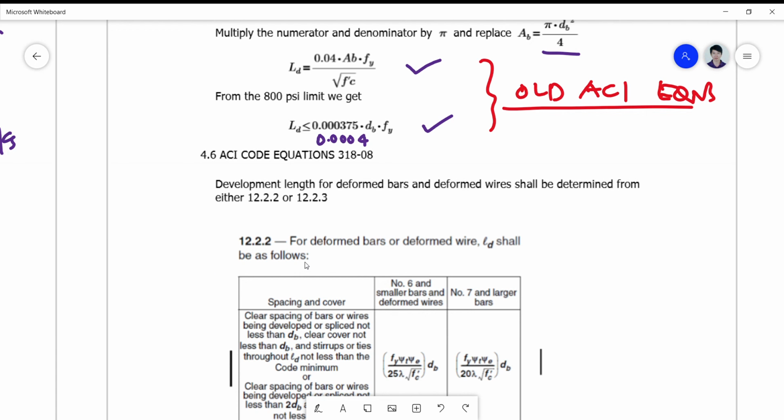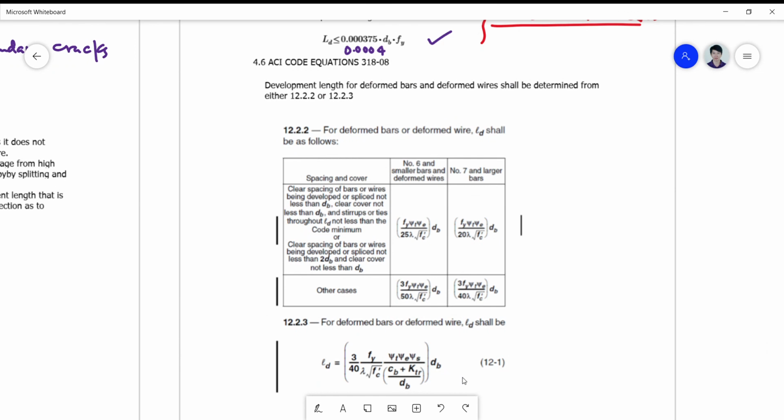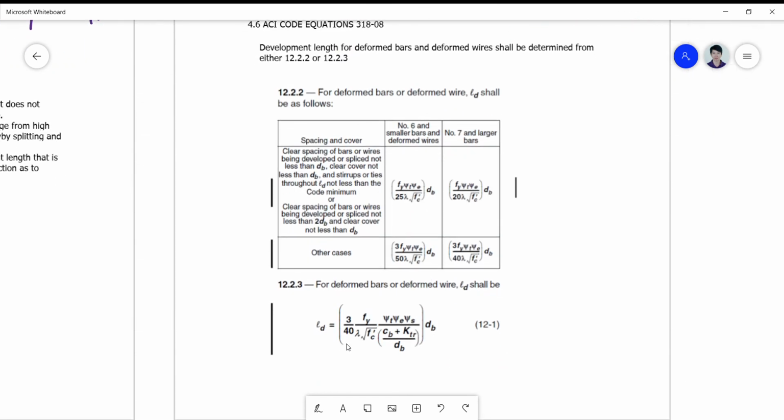The first one is using table 12.2.2, or this is the table, and or equation 12.2.3, which is simply a general equation. This is the one. Okay, so you can use this, you can use this.